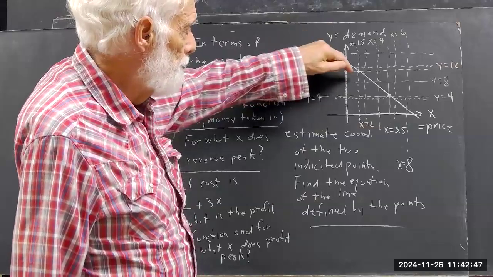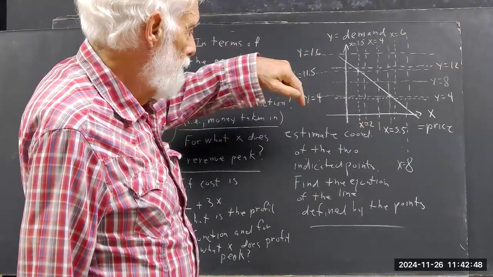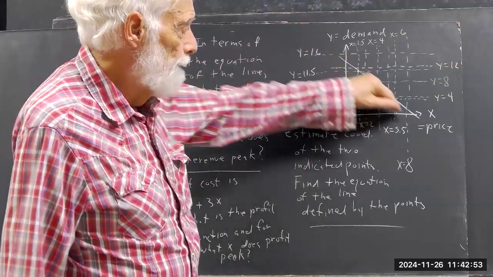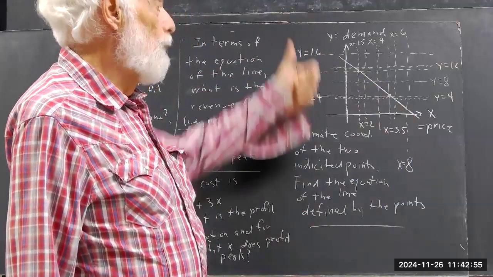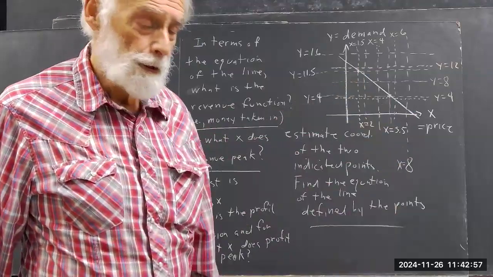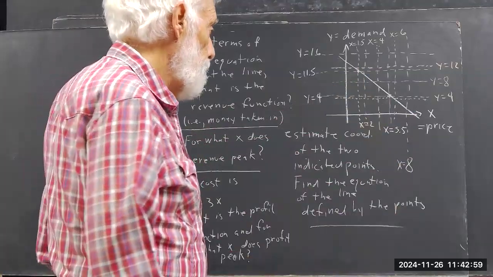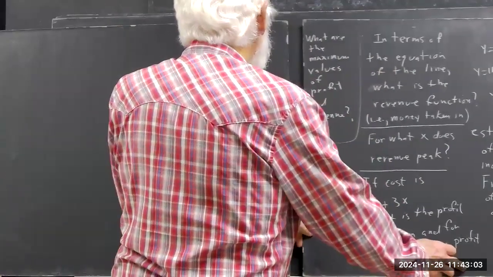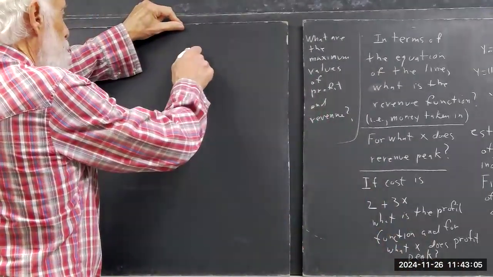So the task is going to be to find the equation of this line, which will give us an idea of what our demand is going to be if we plug in a price. So how do we do that? Well, let's move over here.